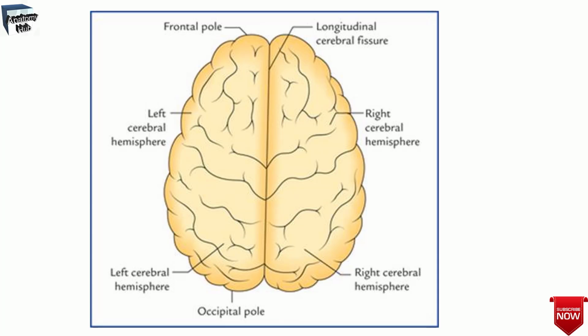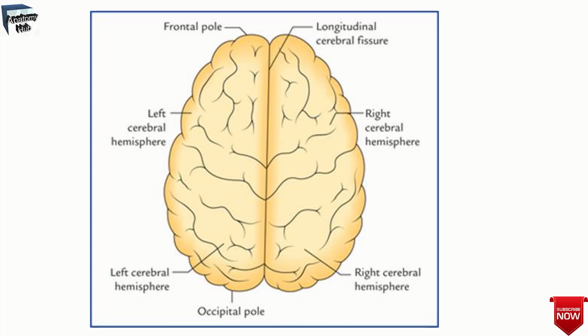That connector is known as your corpus callosum, which is found within this fissure. An example of a gyrus is Broca's area. This Broca's area of the brain orchestrates speech production.